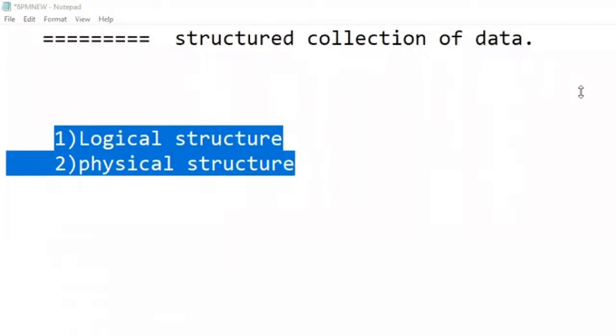What is physical structure? Some fellows are telling logical structure means logical structure, physical structure means physical structure only. Don't try to tell like that.